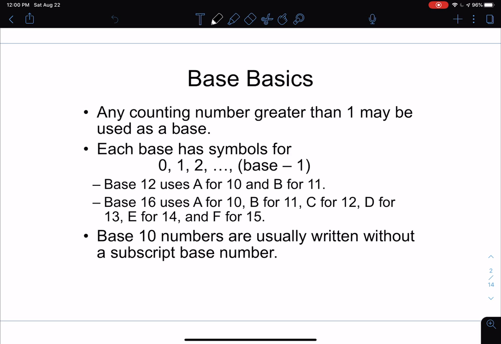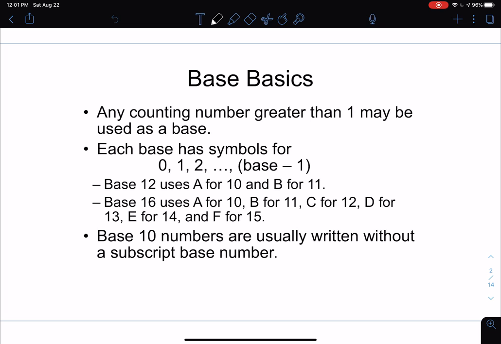That kind of thing. Now when you have bases that run into double digits, it's not practical to use double digits to represent a value. So often you'll start to see capital letters replacing. Like base 12, you need symbols for 0 through 11 in base 12. So you can use the same symbols that you're used to for 0 through 9.